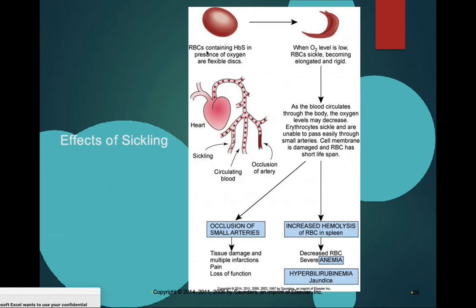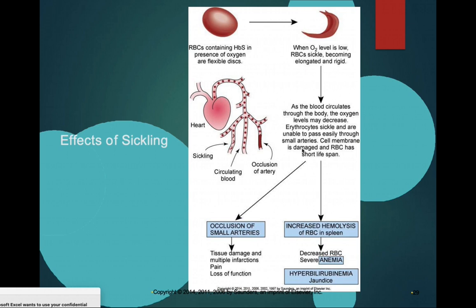So here on the left, we have the red blood cell containing hemoglobin in the presence of oxygen. And this is a very, very flexible cell. When the oxygen level is low, the red blood cell can sickle and becomes elongated and rigid. As the blood circulates through the body, the oxygen level may decrease, the erythrocytes sickle, and are unable to pass through these small arteries.